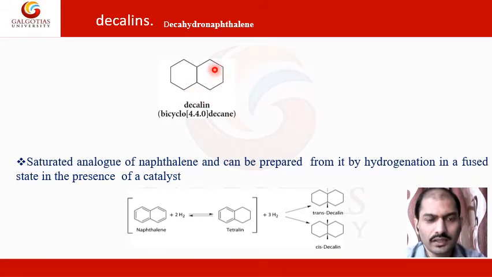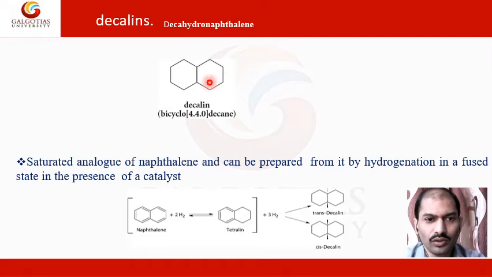This decalin is the saturated analog of naphthalene and can be prepared from it by hydrogenation in a fused state in the presence of a catalyst. So it can be prepared with the help of a hydrogenation reaction. It is basically decahydronaphthalene.